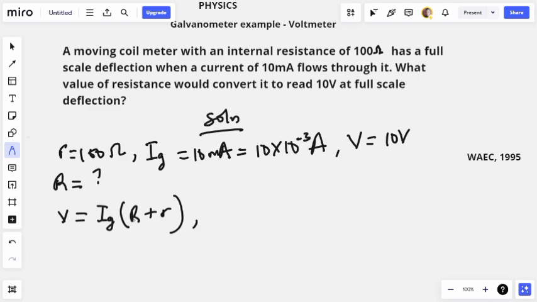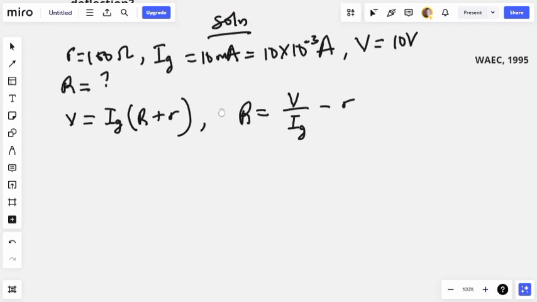If you make big R the subject, which is the one we are looking for, this will be V over I subscript G minus internal resistance. So we're going to substitute our parameters to see what our answer will be.